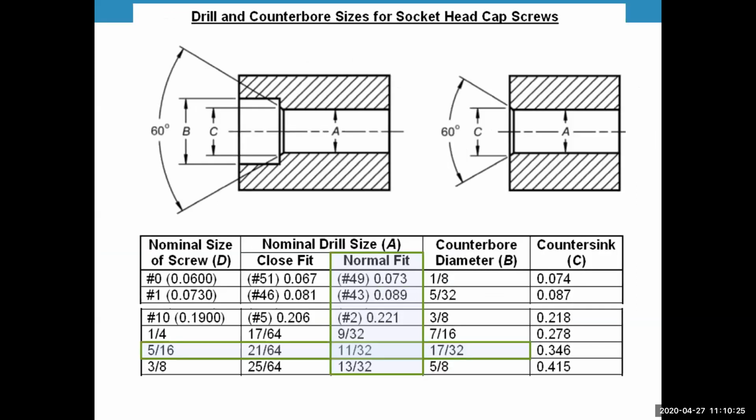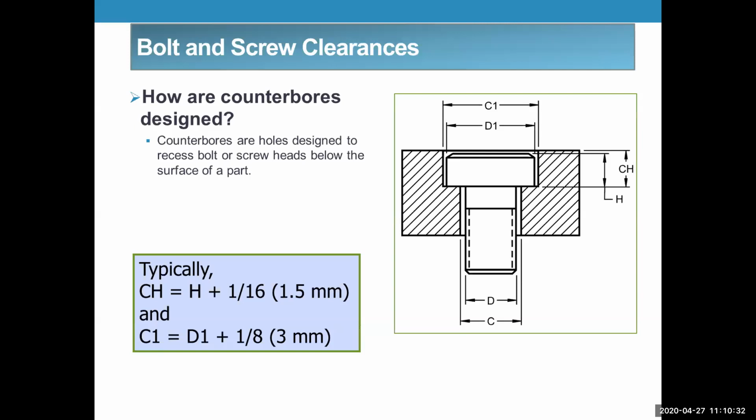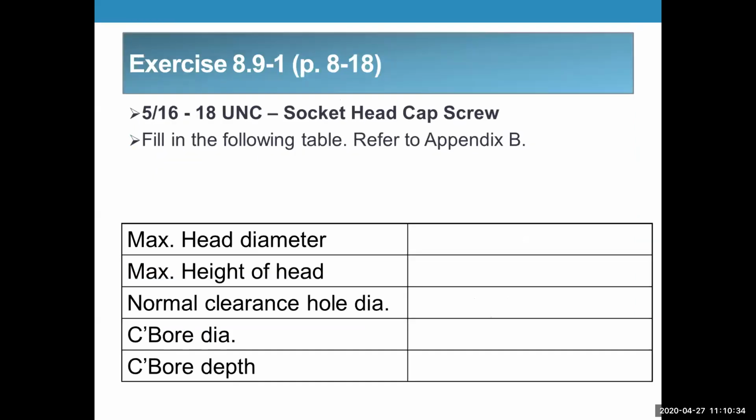Now this thing jumps to this one right here, and these are the same information as before. So let's go back and start from here. Yeah, it's kind of wacky. So we're going to fill in the following table.